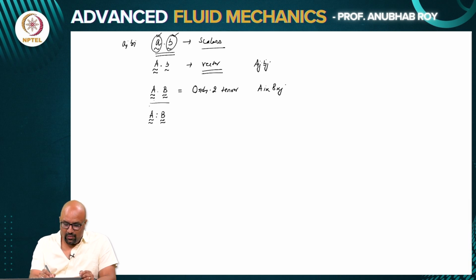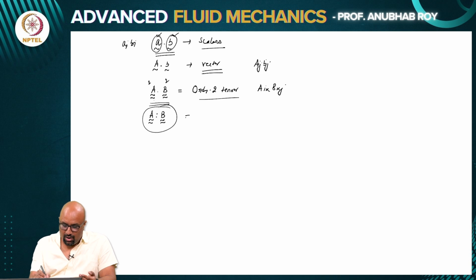When you are dealing with 2 order 2 tensors, you are actually playing around with 4 indices. So, this has 2 indices and the B also has 2 indices. So, finally, when you reduce 2, you get back an order 2 tensor. When you now do a double dot product, you are doing a double dot product or a double contraction. So, the reason why you use the word contraction is because you are getting rid of indices.